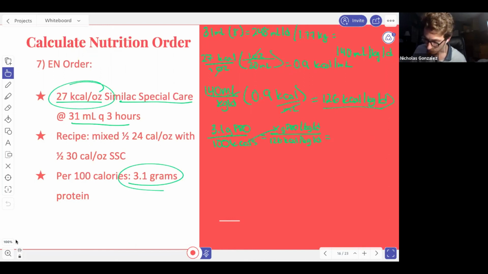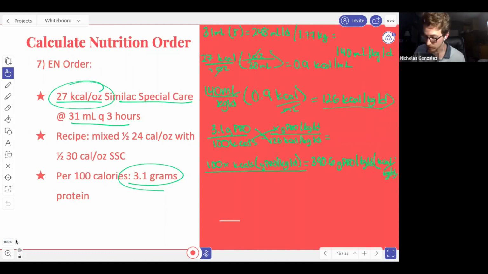We have our 100 kcals times the grams of protein per kilogram per day equals this little bit of cross multiplication here, which gives us 390.6 grams of protein per kilogram per day times our unit of calories per kilogram per day. Okay, so remember, we want to solve for X grams of protein per kilogram per day.